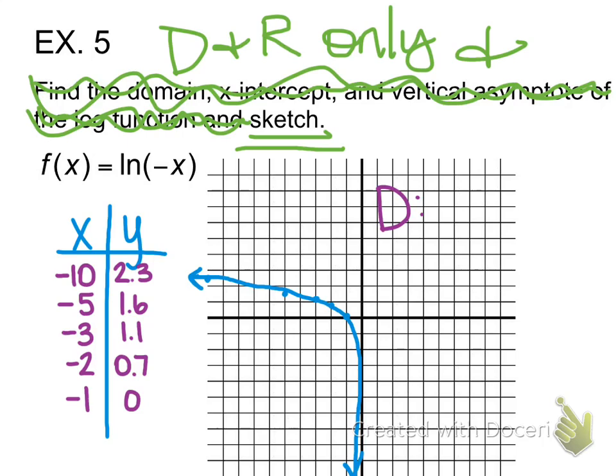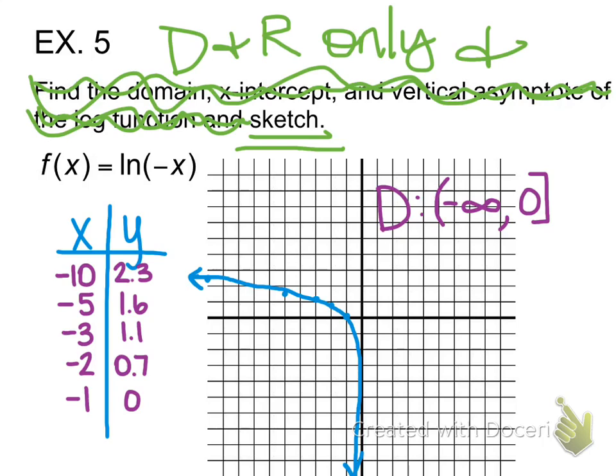Well, because the arrow is pointing to the left, it's going to go negative infinity. It's going to keep going to the left. And then when I think about how far to the right it goes, it stops at 0 and it doesn't go any further. So that's why our domain is from negative infinity to 0. And anytime we use infinities, we make sure to use a parenthesis instead of a bracket.